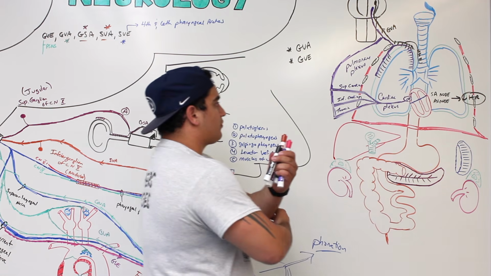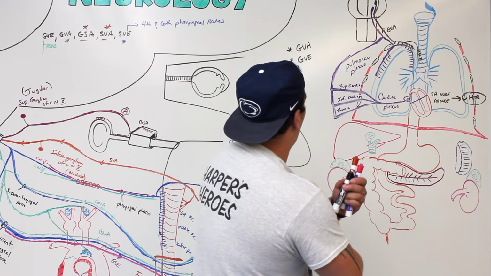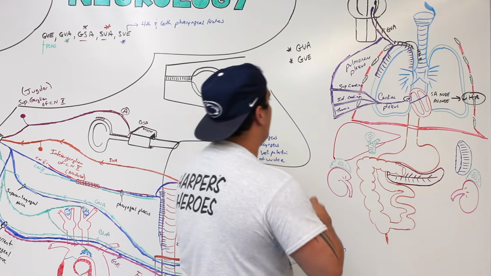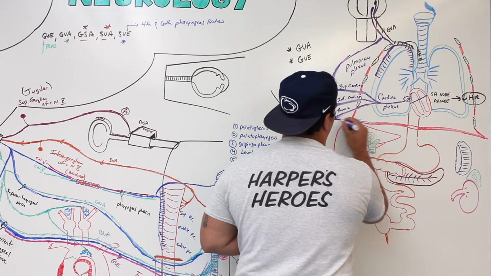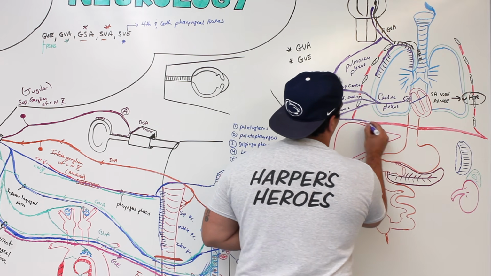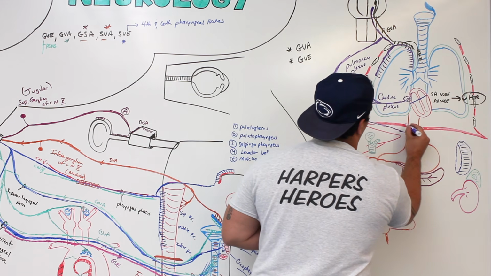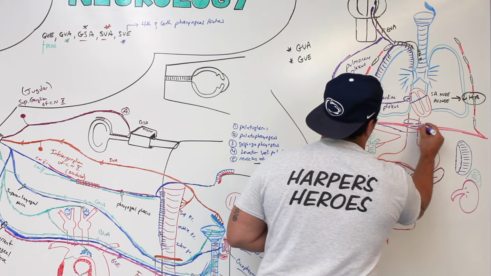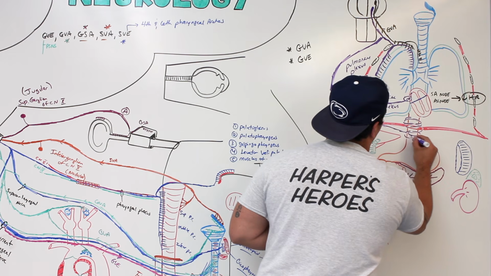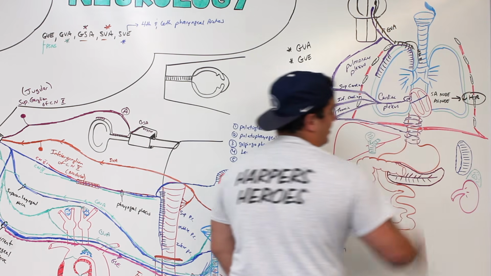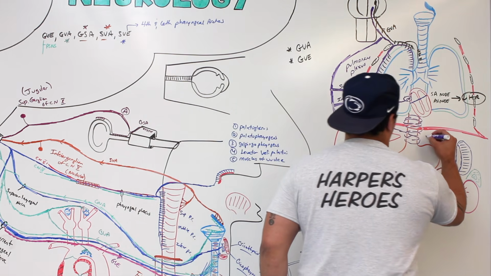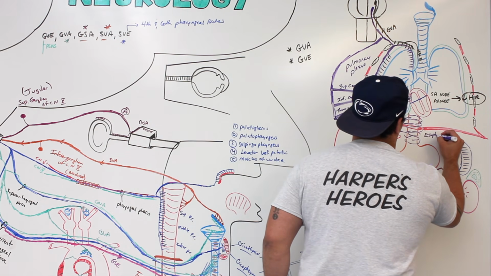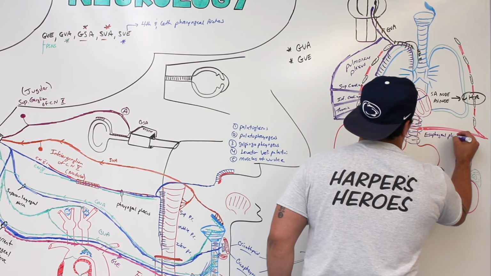All right, cool. Now, we got to keep going here. From here, the vagus nerve will also give off another branch. It'll give off this next plexus here, which will come around and supply a lot of the esophagus right here. It's going to supply a ton of parts of the esophagus. What do you think this is called? The esophageal plexus. So this right here is called the esophageal plexus.